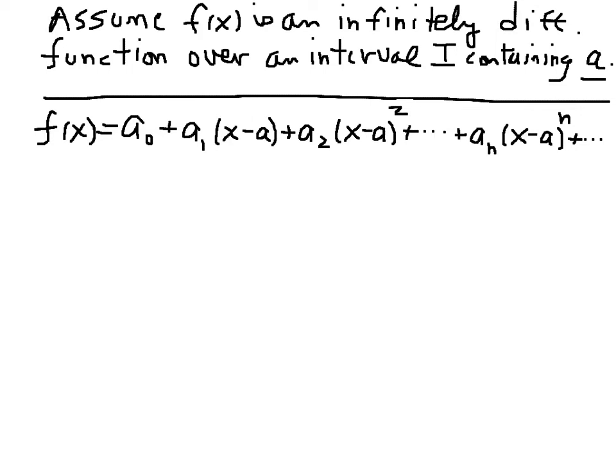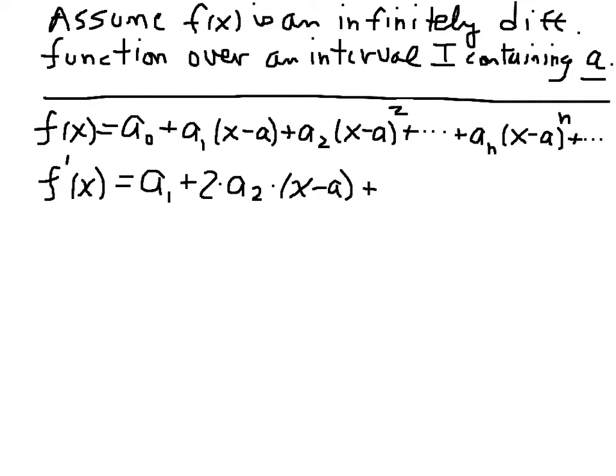The way this procedure works is we start taking derivatives. The first derivative is just going to be a sub 1 plus 2 times a sub 2 times x minus a, plus and so on, plus n times a sub n times x minus a to the n minus 1, and so on.